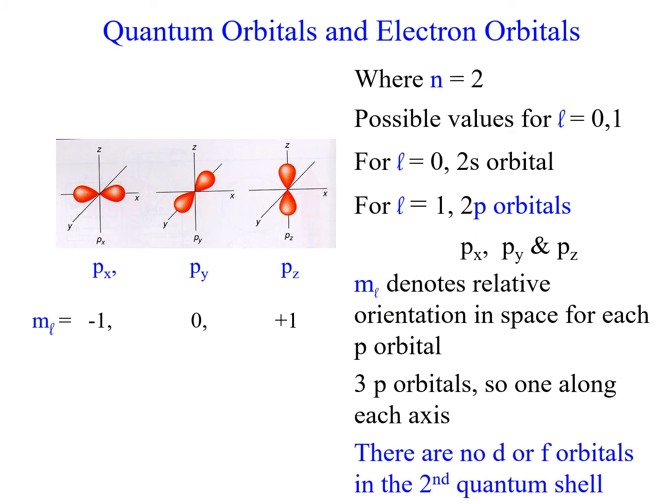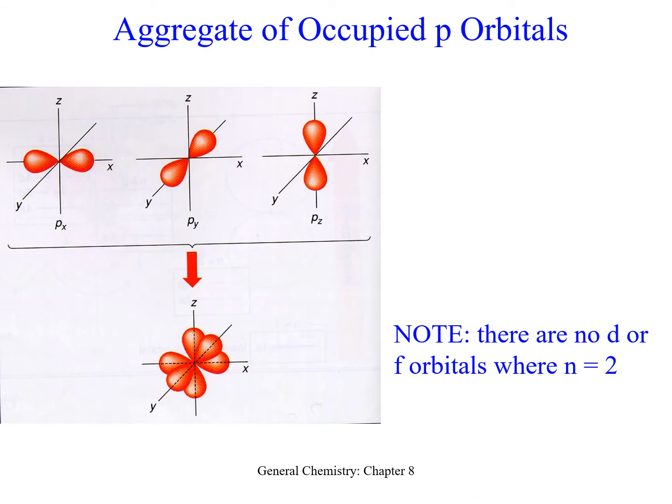Okay, so there are no d orbitals or f orbitals in the second quantum shell. And what are the possible values for L in the second quantum shell? It could be 1 or 0. 0 would be for s, and 1 would be for p. Looking at the aggregate of the px, py, and pz, you can see in this graphic the px here, the py there, and the pz there.